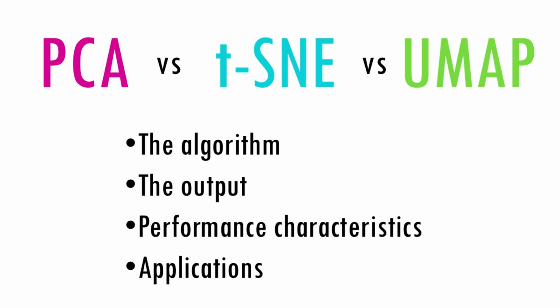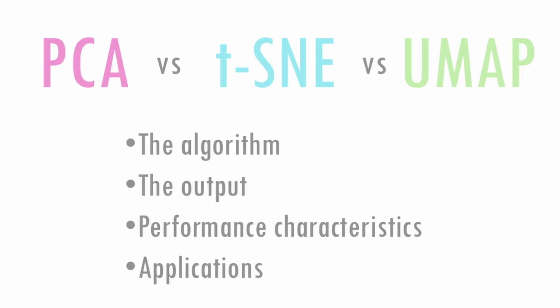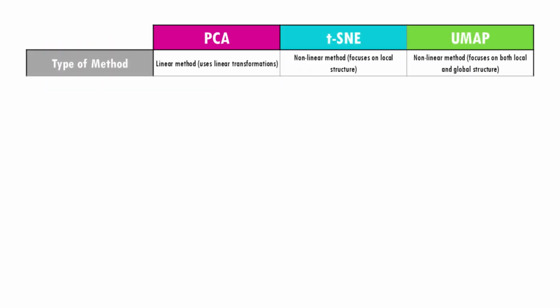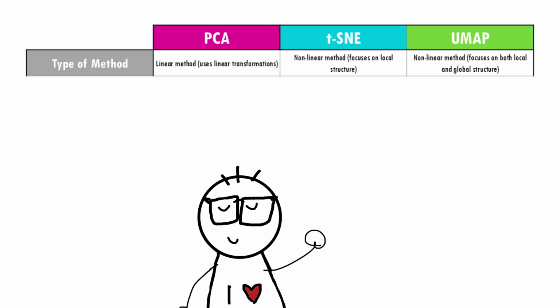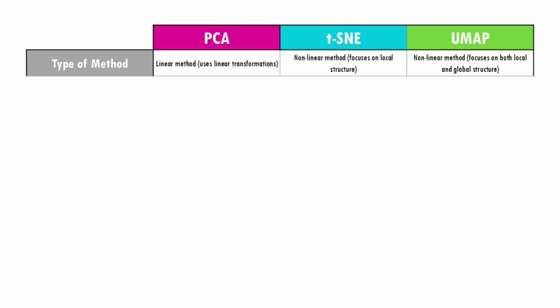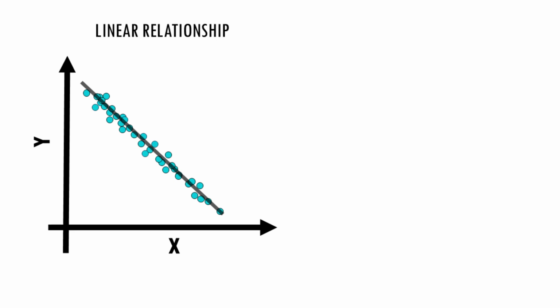Let's start by comparing the algorithms between PCA, t-SNE and UMAP. Mathematically, we already know that they have very different approaches to reduce the dimensions of our dataset. To start us off, PCA is linear, whereas t-SNE and UMAP are non-linear methods. What does that mean? In essence, linear relationships mean simple, straight-line relationships where things change at a constant rate.